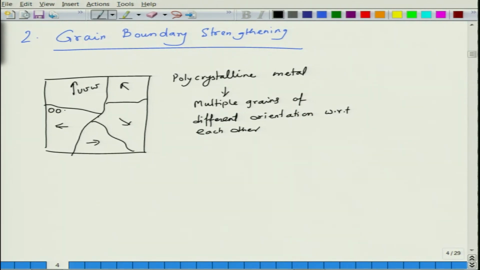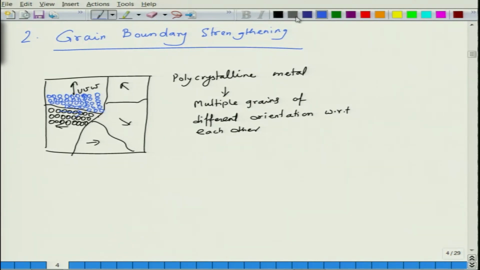It is possible that atoms in this case are oriented in this direction, and the atoms in this grain could be, you know, so the orientation here is this, and the orientation here is that.